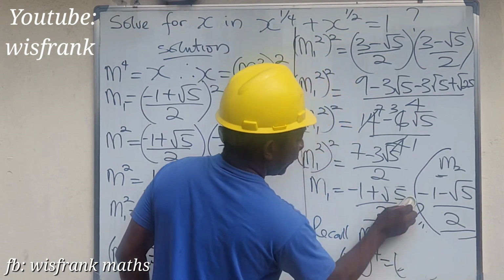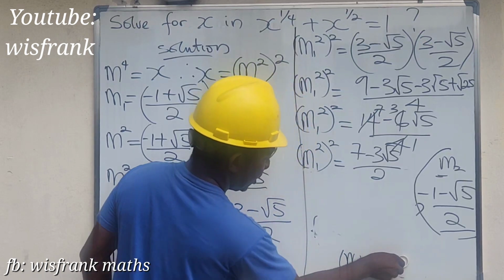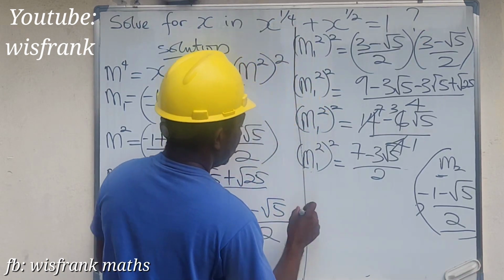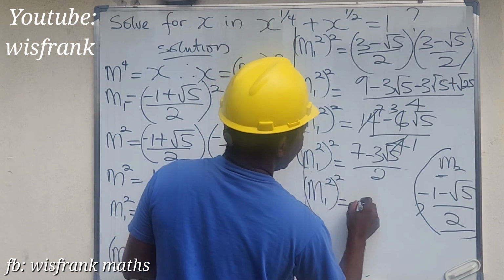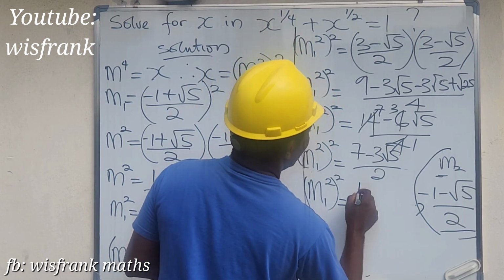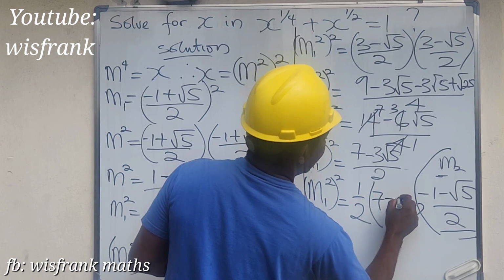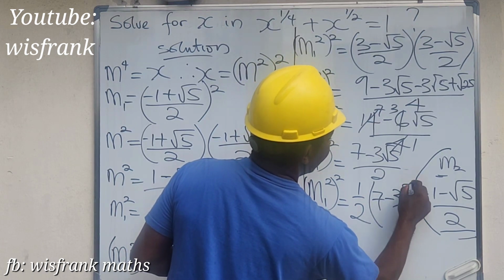So by writing this way, our m1 squared can be written as 1 all over 2 into 7 minus 3 root 5.